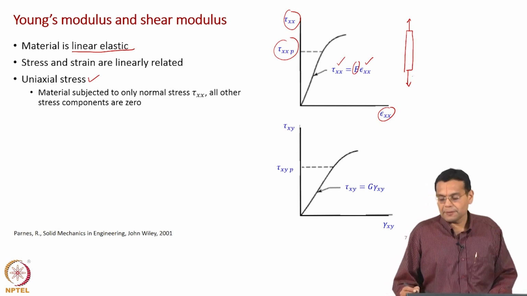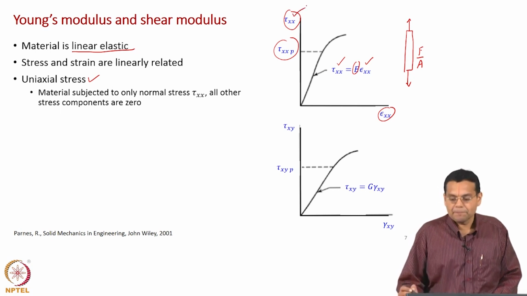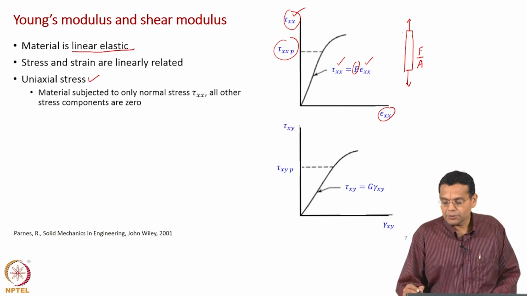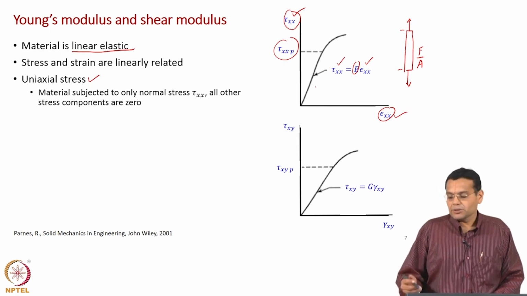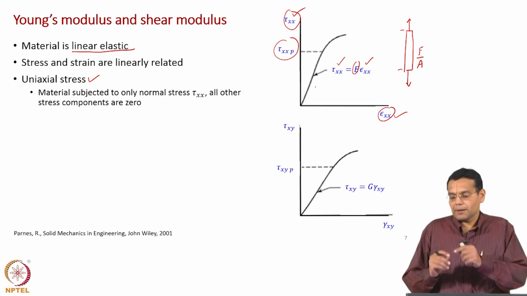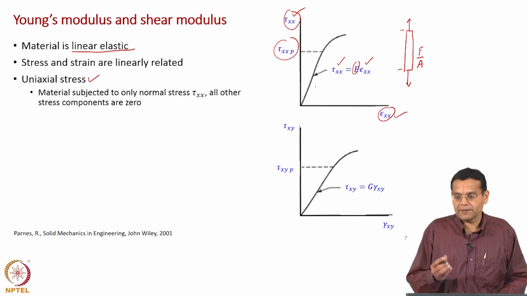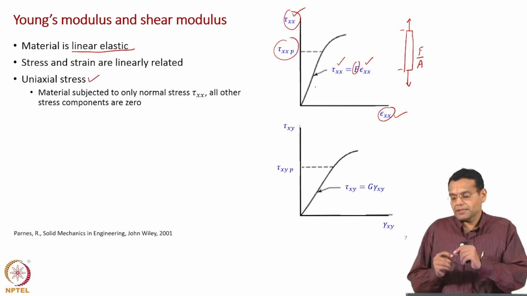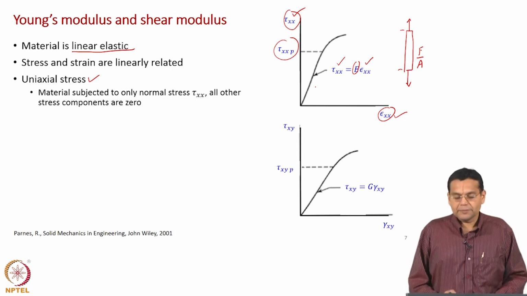Now, how do we carry out the experiment? You apply a force and then divide by the area of cross section, you get the stress, which is your y axis, and for every force applied you determine the change in length divided by the original length, which will give you the strain, and you plot this graph. So you take, let us say, a rod, apply a tensile force and express the force as stress by dividing by the cross section area, and measure the change in length, and the change in length over the original length will give you the strain.